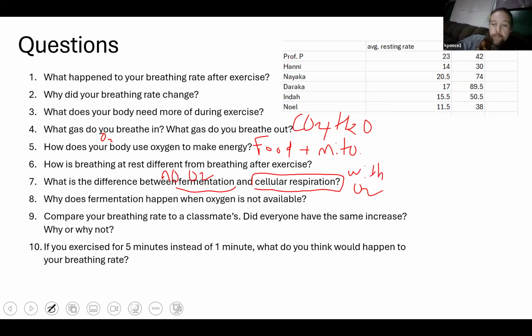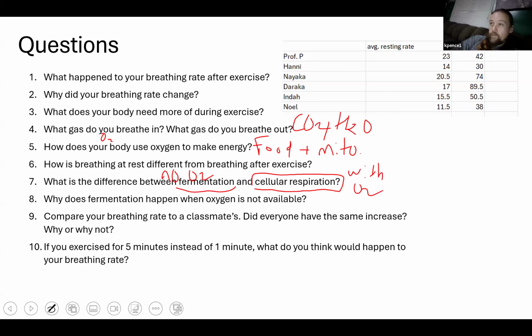Okay, why does fermentation happen when oxygen is not available? This means if oxygen is not available, we don't just cease to exist, right? We just don't automatically keel over and die. We do have a little bit of a recovery if we can swap over and make some energy without oxygen.